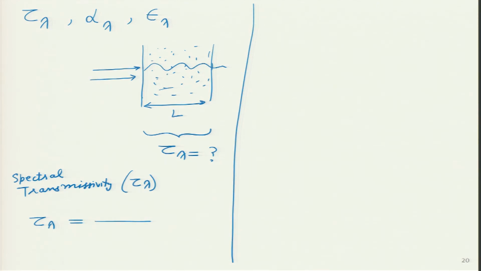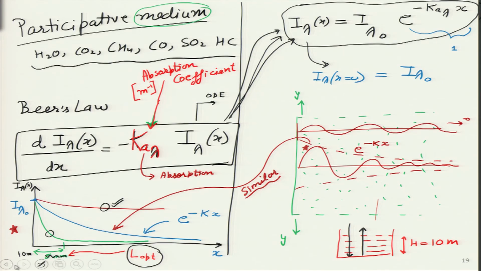So, I will make the x axis over here. Let us say this is my x axis, this is the y axis, and on the y axis I am plotting intensity. So, I am plotting I lambda x. So, it goes something like this. This dot over here is x equals 0, this dot over here is x equals L, this dot over here is I lambda naught, because this is something we already have in the previous slide.